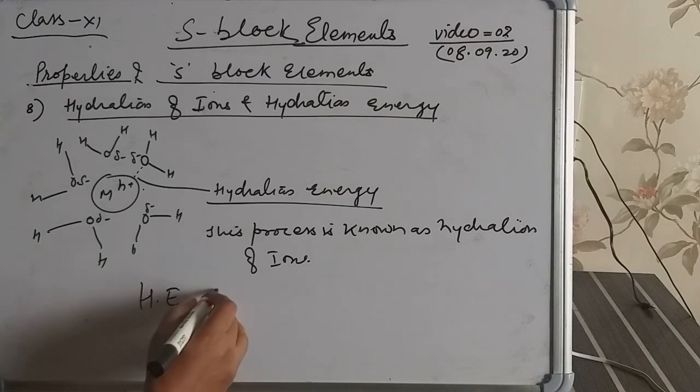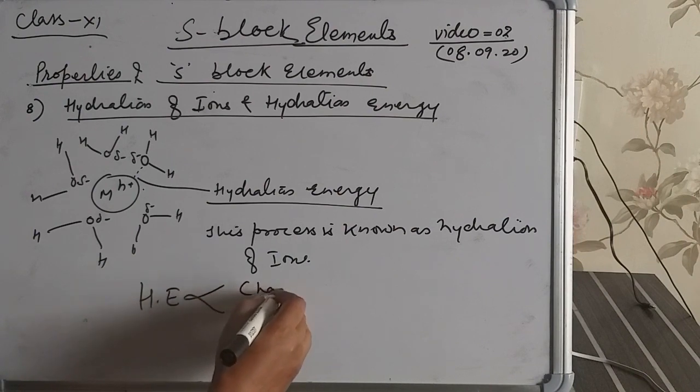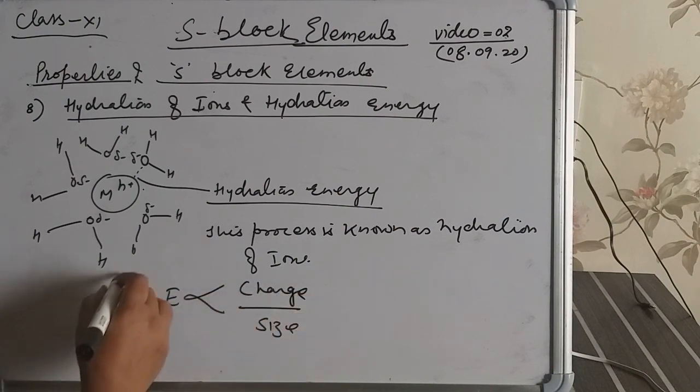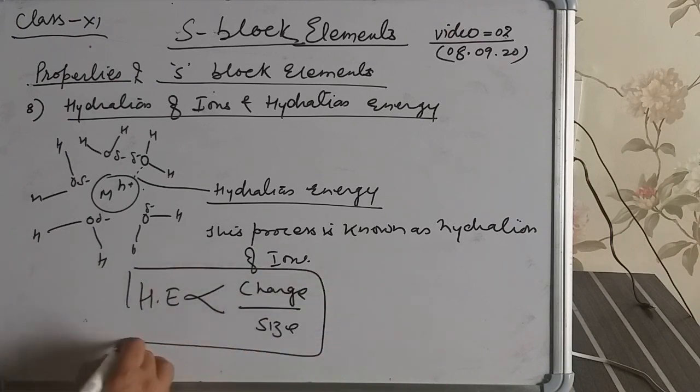Hydration energy depends on charge and size. Hydration energy is inversely proportional to the size and directly proportional to the charge. This is the relation between hydration energy, charge and size.